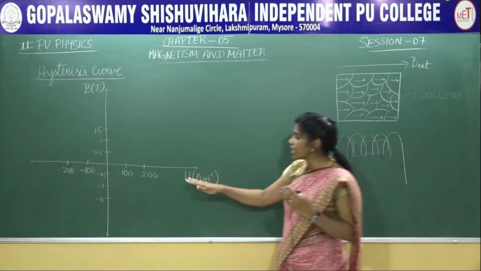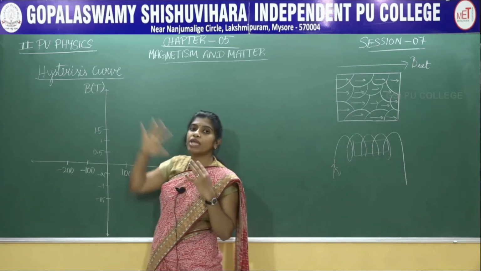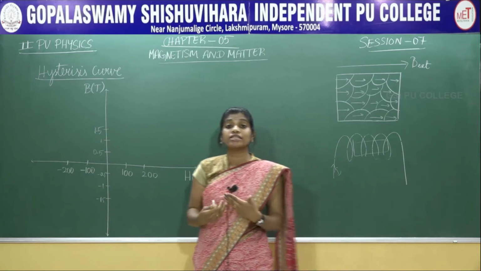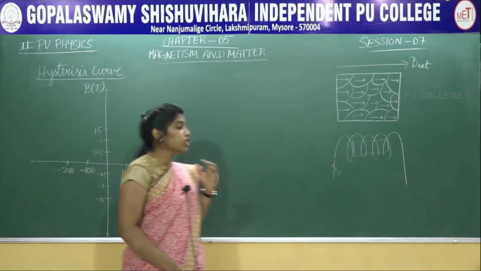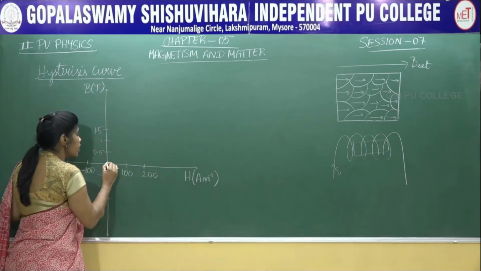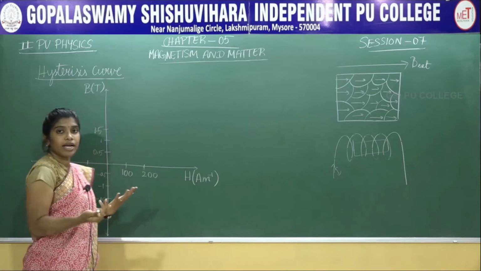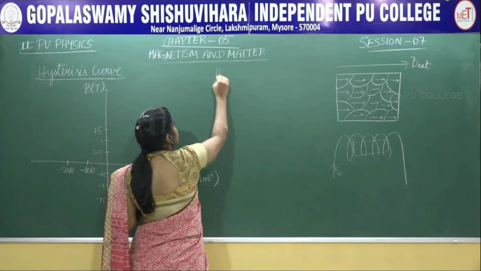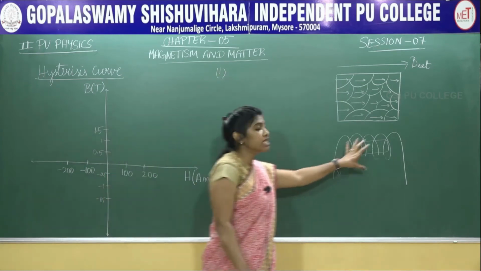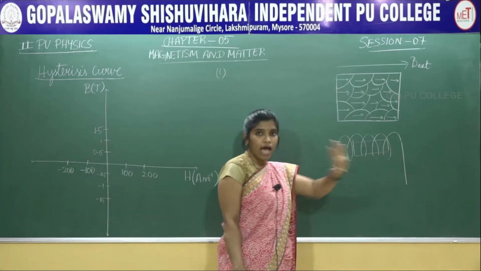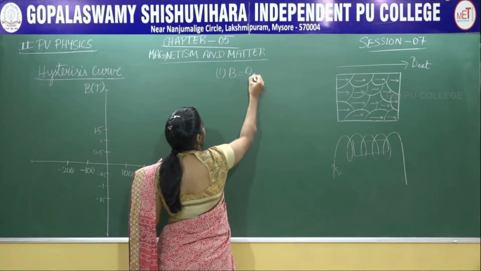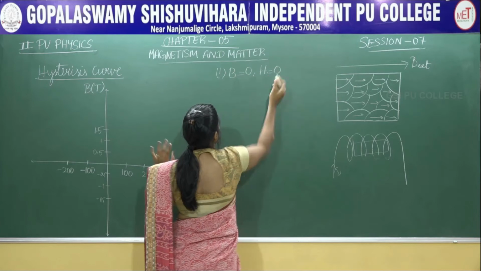Now I am going to increase H and see how B changes. As you increase H, that is, as you increase the current in the solenoid, what happens to the magnetic field? The magnetic field also increases. Since we have considered an unmagnetized ferromagnet, initially B will be 0 and H will be 0.